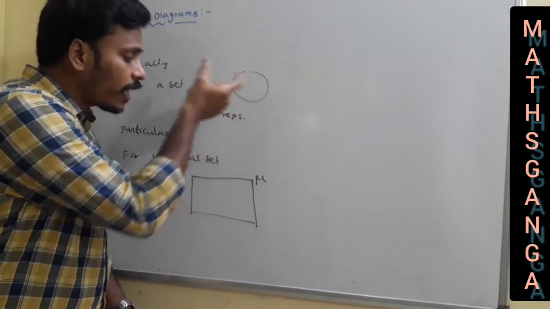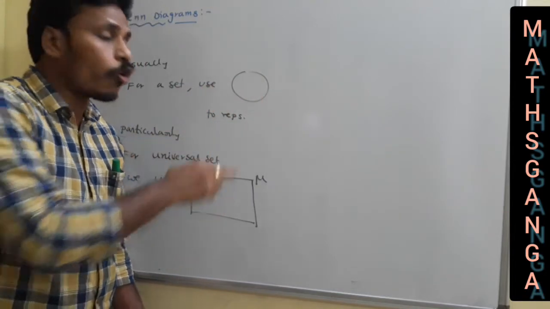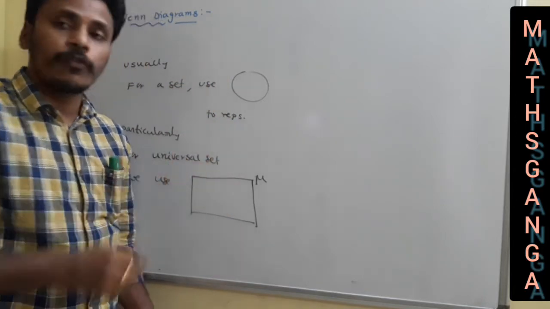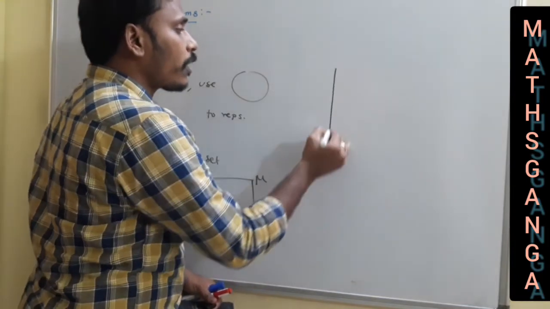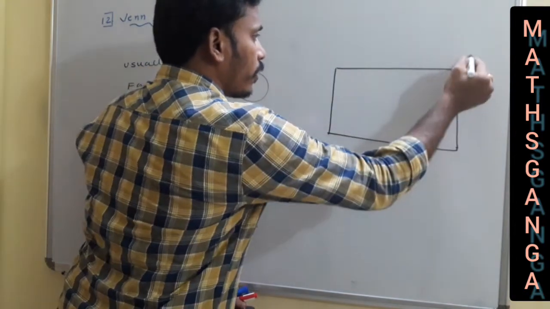Since every set is a subset of the universal set, every element of the sets involved in a problem is an element of the universal set, and that's why in problems we usually use a rectangle shape to represent the universal set.